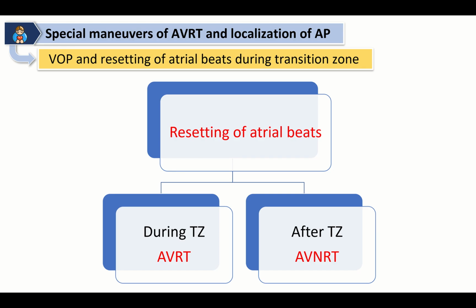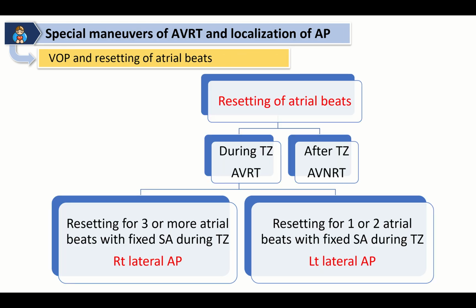We know in AVRT the resetting is very early, and in AVNRT it is very late after the transition zone. But I want to highlight that during the transition zone, the resetting of the atrial beat will tell us it is AVRT. But let's see how many atrial beats are reset.